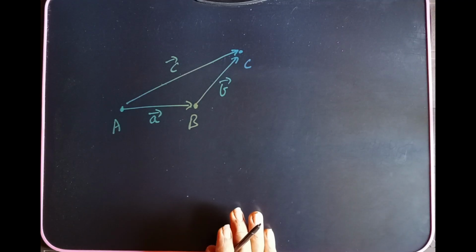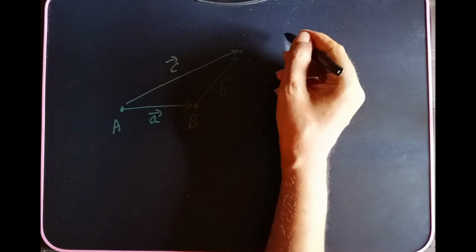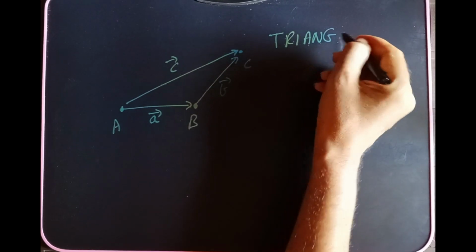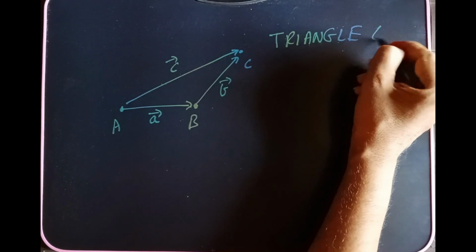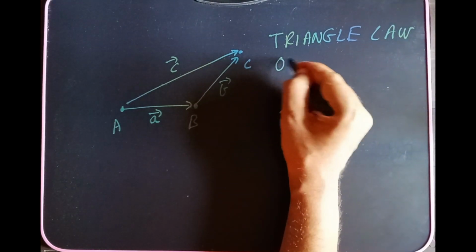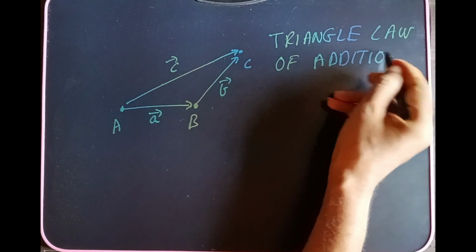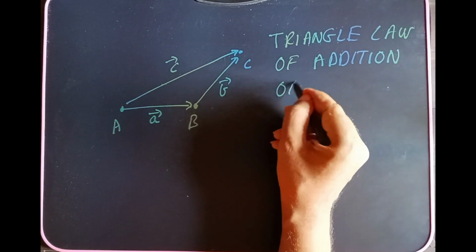Right? So this is called the triangle law of addition. Addition of what? Addition of vectors.